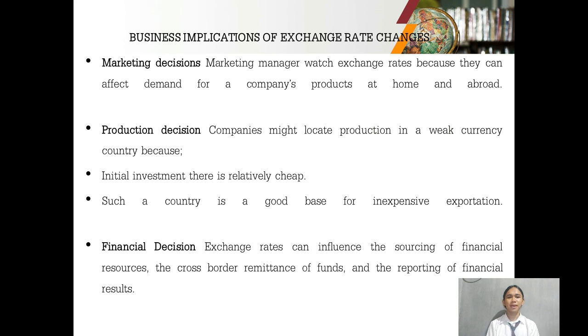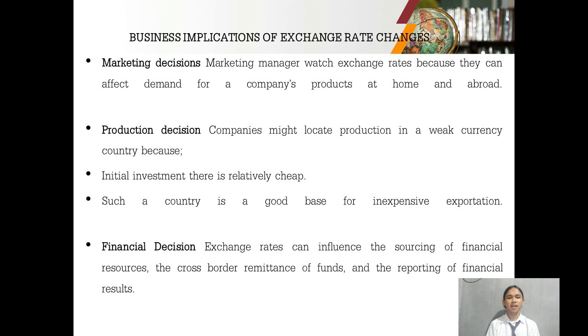Production decisions. Companies might locate production in a weak currency country because initial investment there is relatively cheap. Such a country is a good base for inexpensive exportation. Exchange rate changes affect production decisions. For example, a manufacturer in a country where wages and operating expenses are higher might be tempted to locate production in a country with a currency that is rapidly losing value.